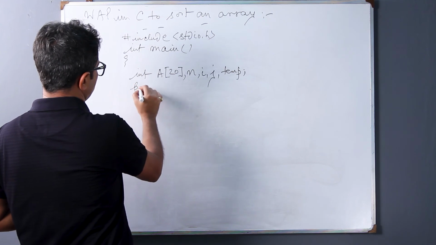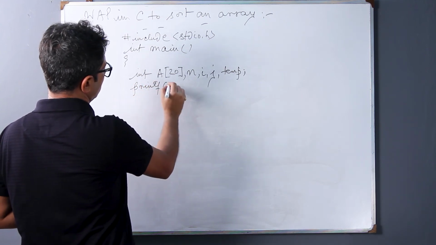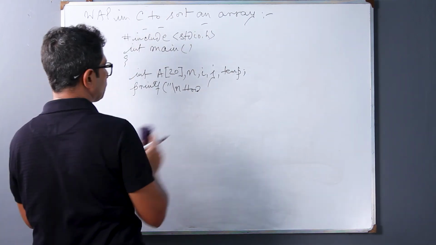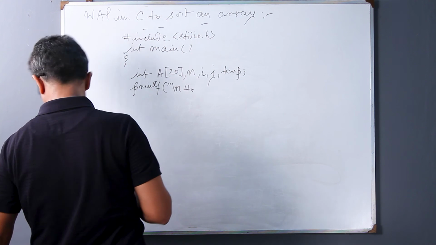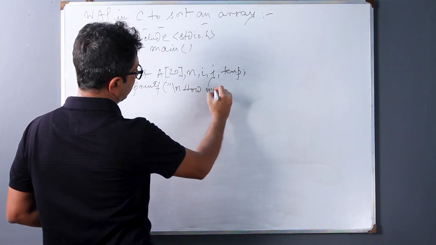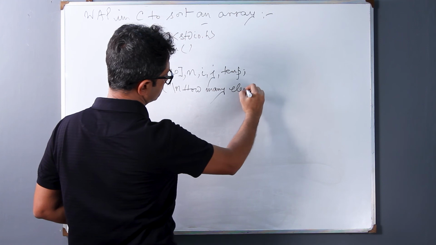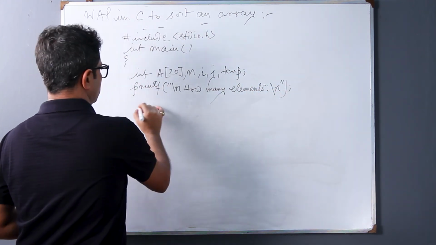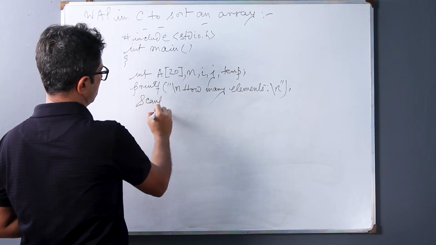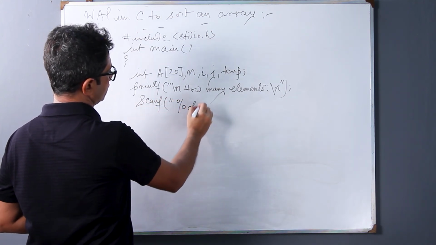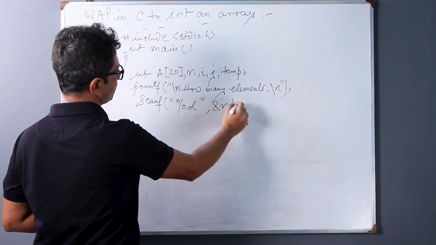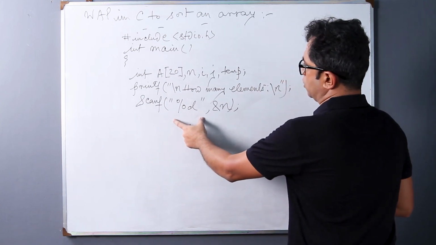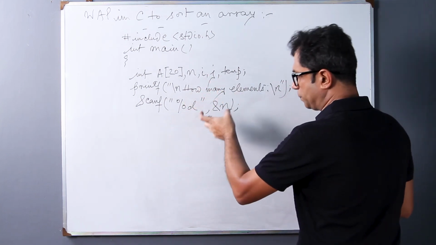So let me write this: printf("how many elements"); scanf("%d", &n). So the user gives the input over here.